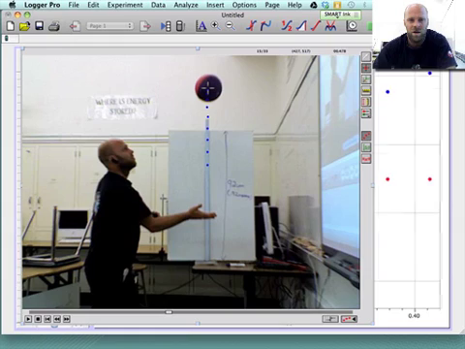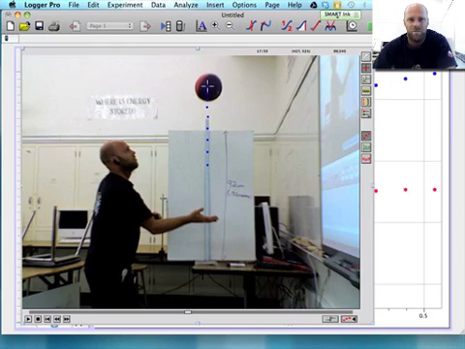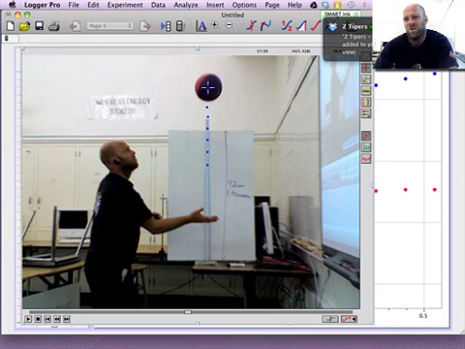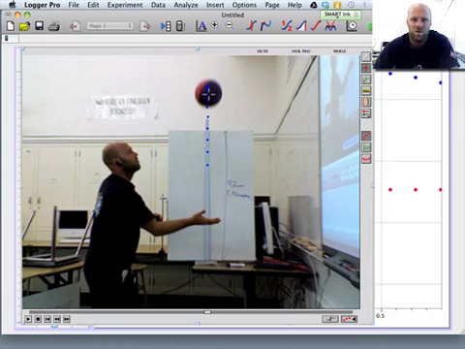Ball is still going up. Ball's still going up just a little. Up, ball's going down. So the ball must have stopped somewhere because it was going up and now it's going down. So there it goes. Ball is now moving downward.